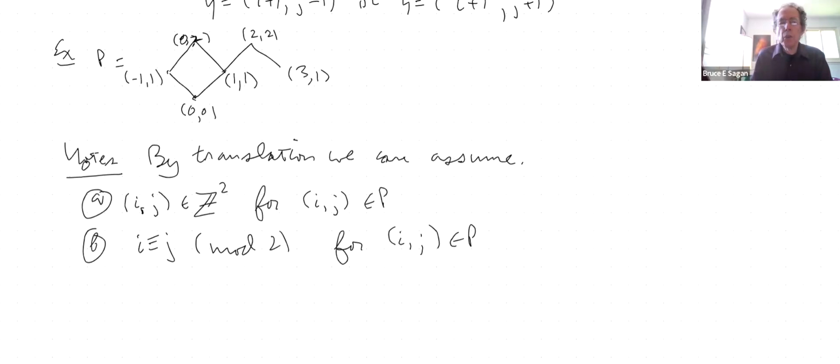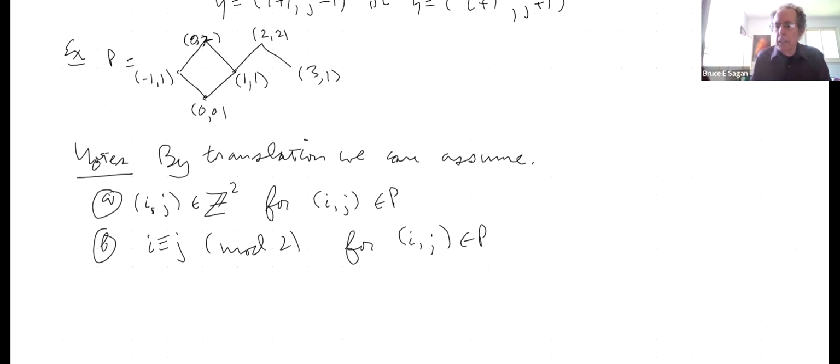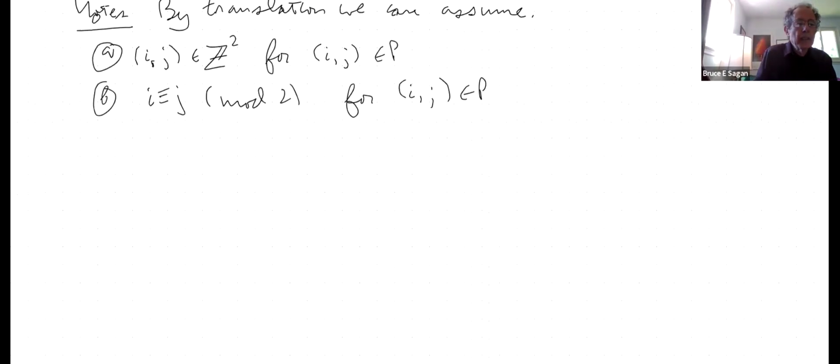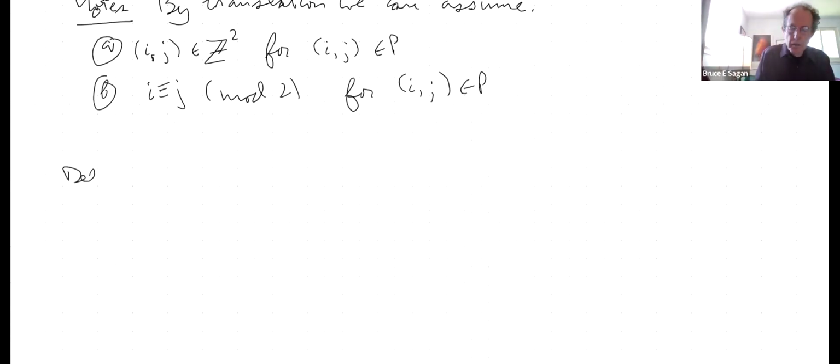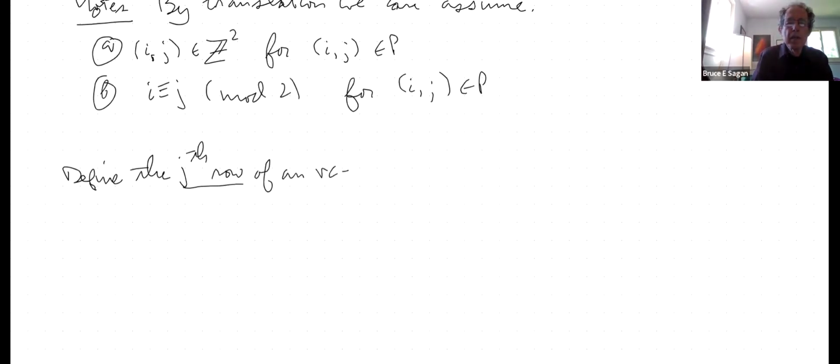So using this, we're going to define columns and rows. Define the jth row of an RC poset as R_j, and it's just going to be all of the (i,j)'s that have second coordinate j.